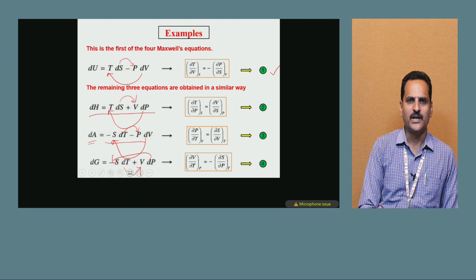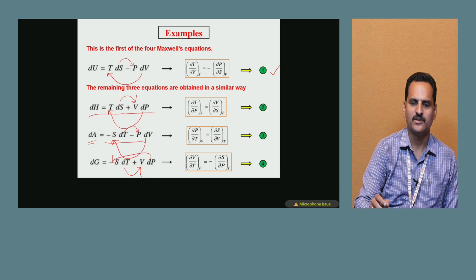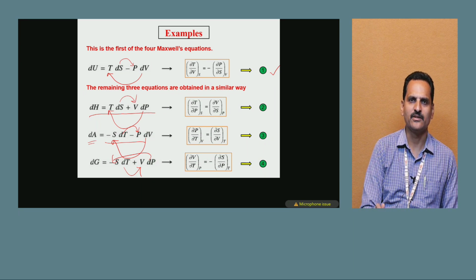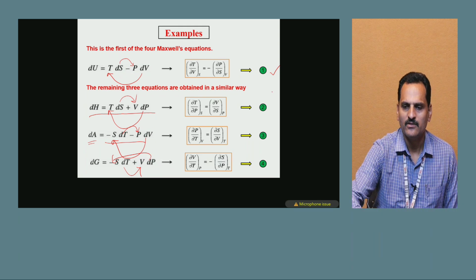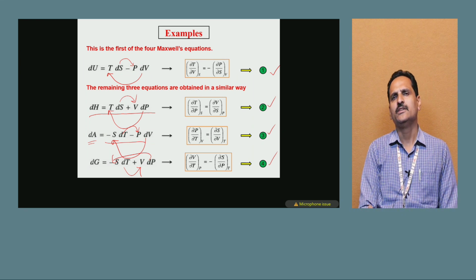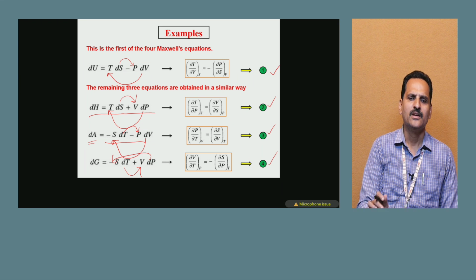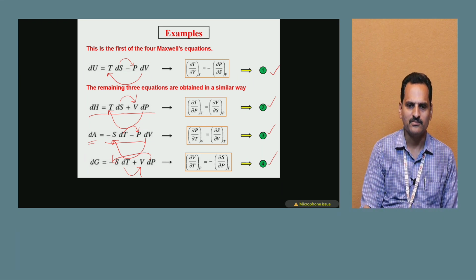So, there is a minus sign, just put one minus sign here where delta dou S comes, we can get the fourth Maxwell equation. So, these are the first Maxwell equation, second Maxwell equation, third Maxwell equation, fourth Maxwell equation. These four Maxwell equations are the partial differential form of the fundamental property equation.